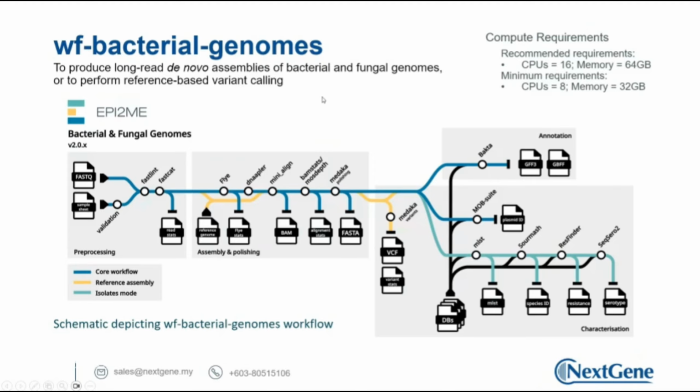They have improved it so that the same pipeline can also be used to analyze fungal genomes. With the improvement, they also raised the minimum requirement from 16 GB to 32 GB. But for users analyzing bacterial genomes, even if the computer does not have 32 GB, most of the time the pipeline still works for bacterial data sets.